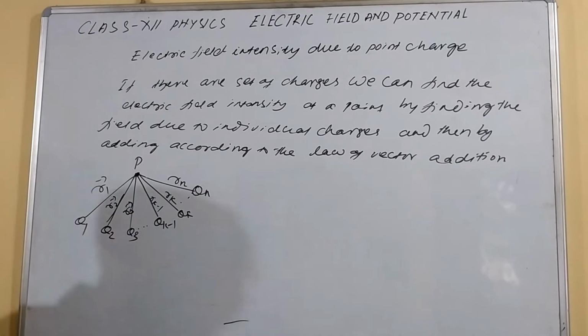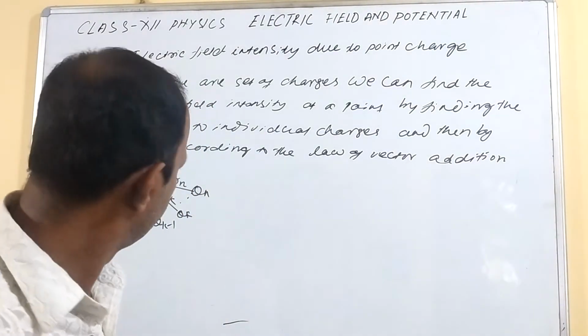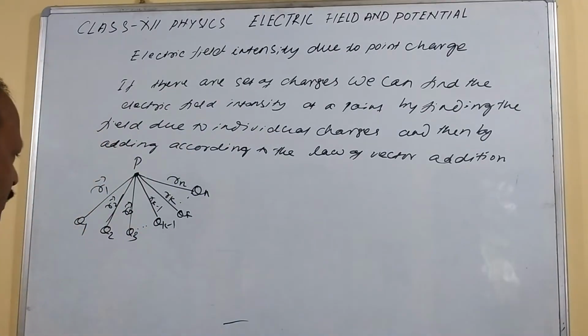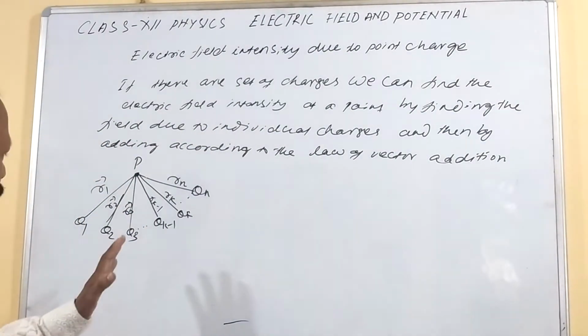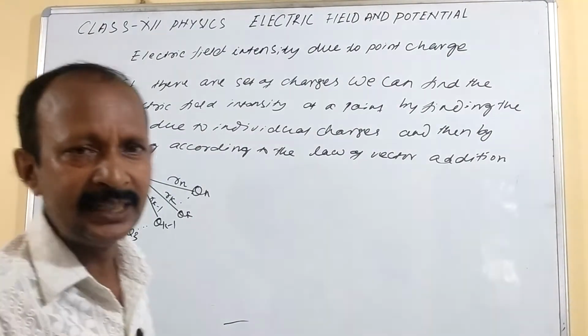It represents the position vector. Then in this case, how to find the electric field intensity?